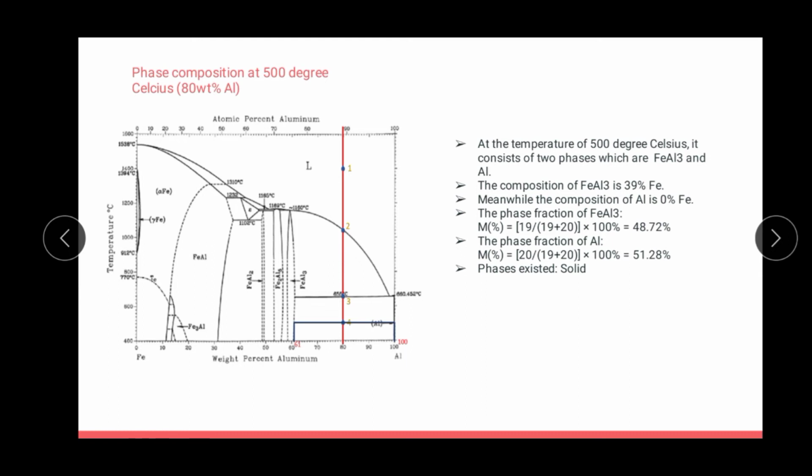Meanwhile, the composition of aluminium is 0% Fe. The phase fraction of FeAl3 is 48.72%, while the phase fraction of aluminium is 51.28%. The phase existing is solid.